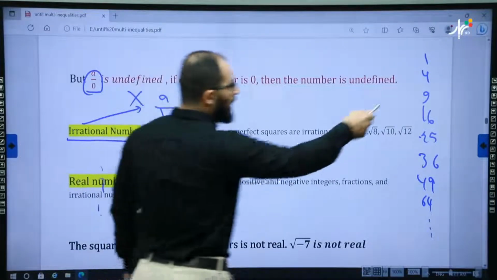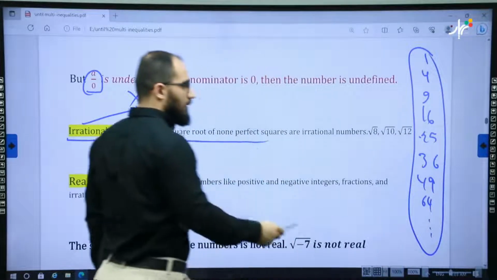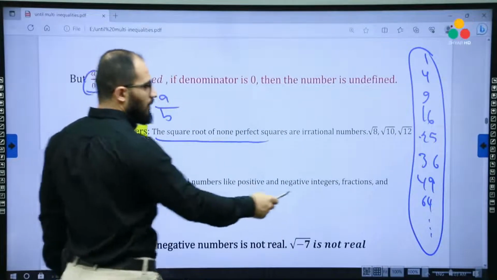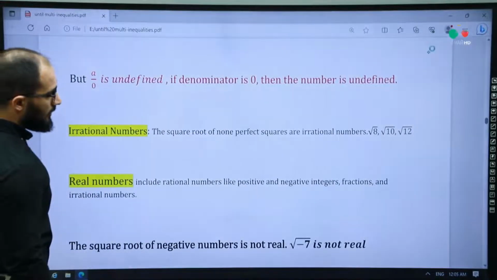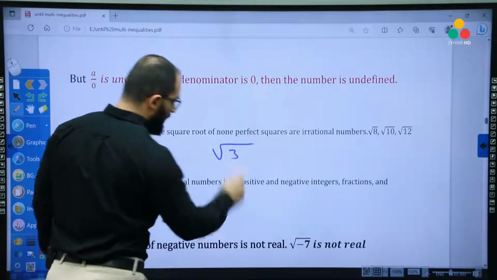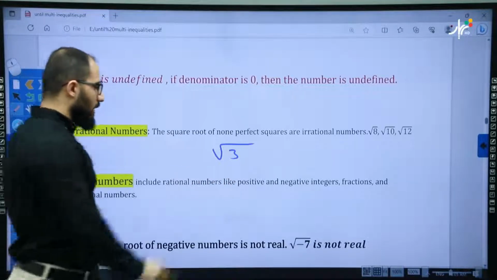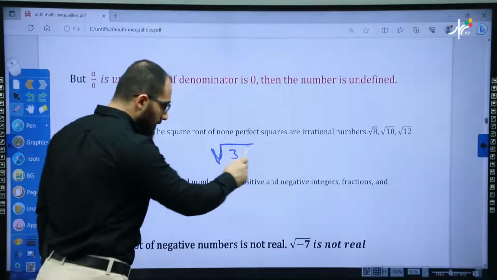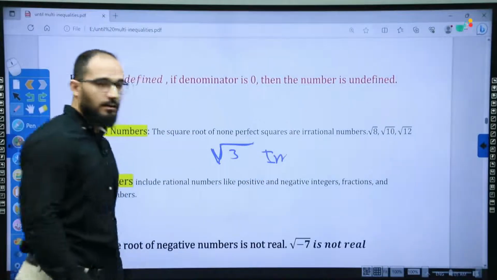It means all numbers except these, the rest of them are irrational. For example, let's say we have the square root of 3. Because 3 is not a perfect square, the square root of 3 is going to be an irrational number.